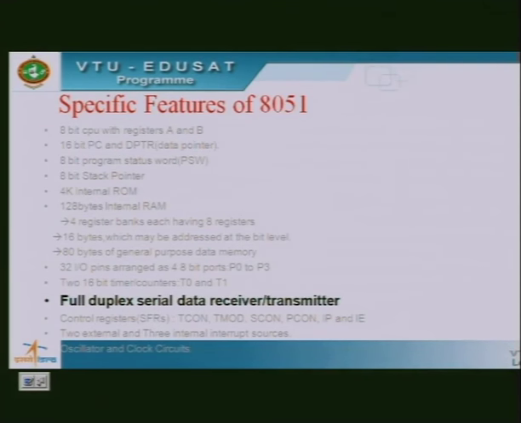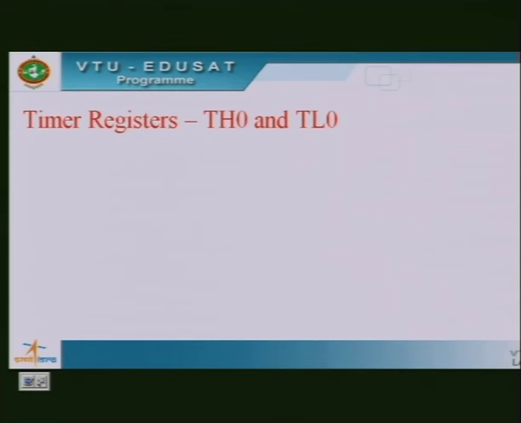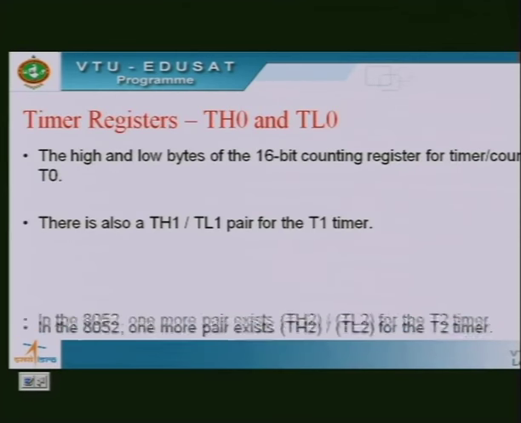Lower and higher bytes could be addressed separately. We saw we could have TH1, TL1, and TH0 and TL0, higher and lower bytes of the timer. The use of timers was for generating waveforms or timing delays and to count events. So, this was the usage of timers.